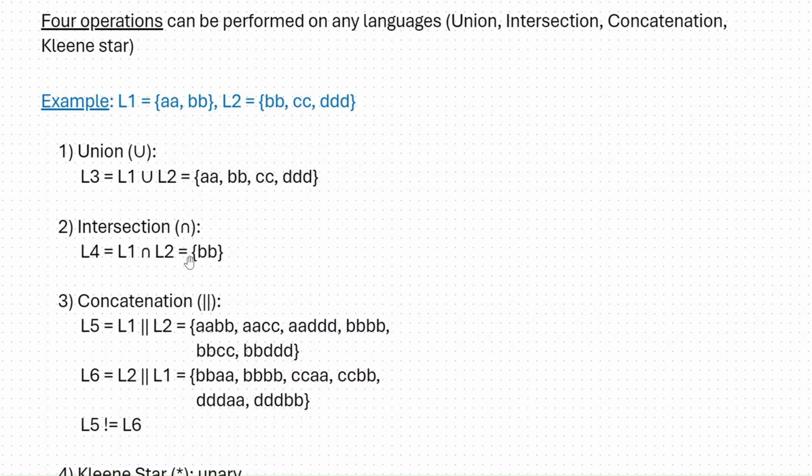Secondly, intersection operation. Language 4, which is basically a new language from the intersection of language 1 and language 2, is BB. It includes the string BB. Why? Because the only element that is available in both language 1 and language 2 is the string BB.